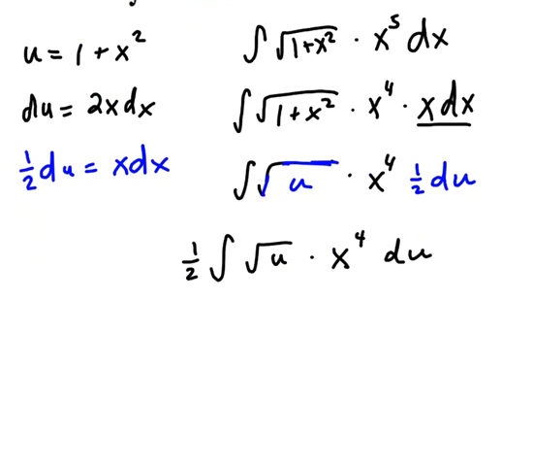I don't see how this is making it better. Well, that's because we're going to still work with that u equals 1 plus x squared. But now I'm going to say x squared is equal to u minus 1. That's an equivalent thing if I subtract 1 from both sides.